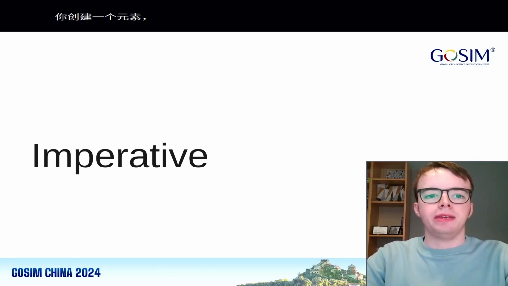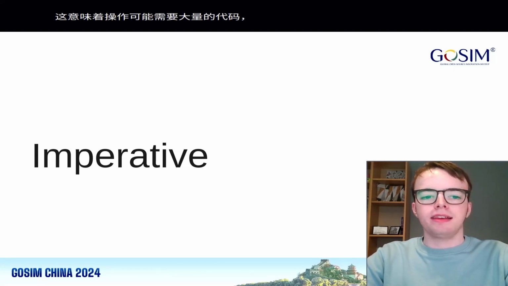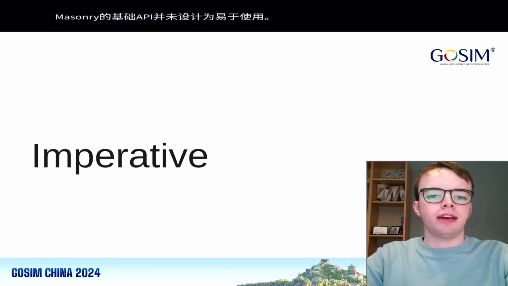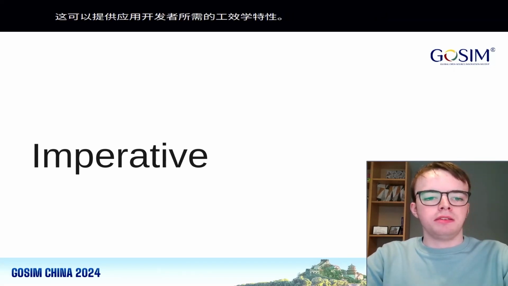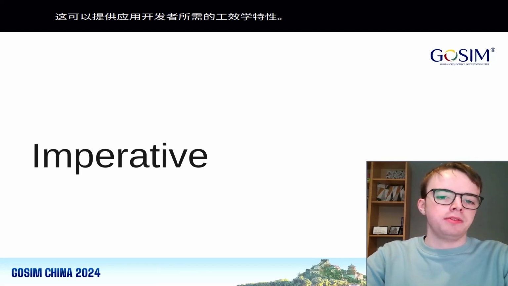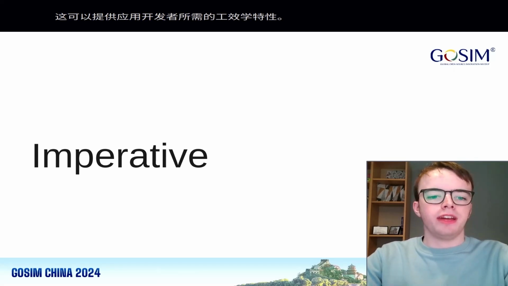Masonry's base API is not designed to be ergonomic. However, this design is ideal for higher level abstractions to be built on top of it. These can then provide the ergonomics that app developers require. The API provided by the web is similar in that you can create an element and set attributes of that element, and then web frameworks build on top of that foundation.